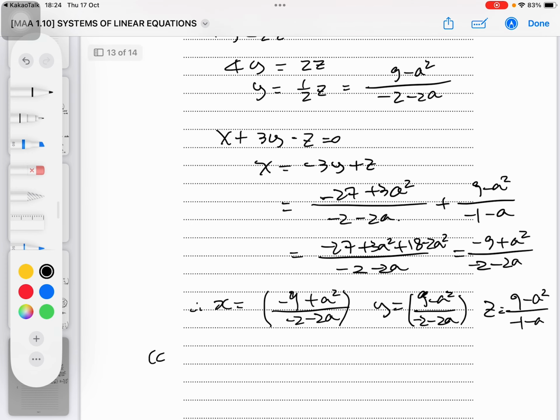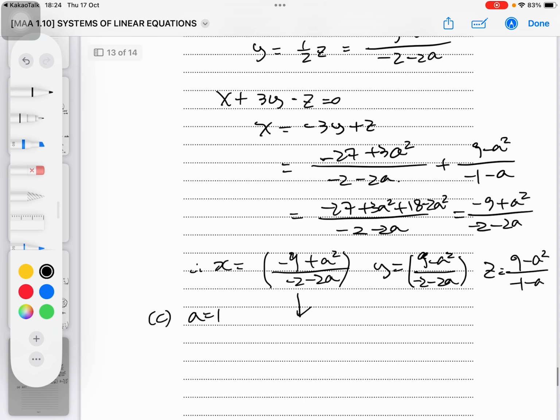That's why number C was when a equals 1. So x becomes -4 over -8, 2. Y becomes -4 over 8, -2.